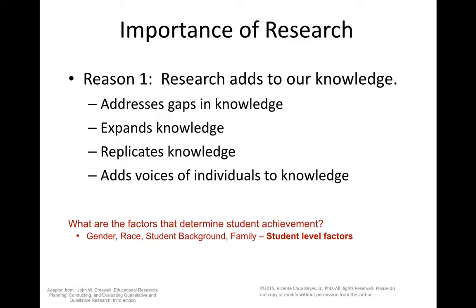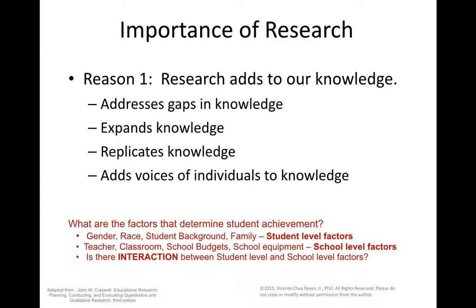Gender, race, student background, family, we could consider and call these student level factors. When we take a look at the teacher, the type of classroom, the budgets that are allocated to schools, and the availability of school equipment, we can call these school level factors.